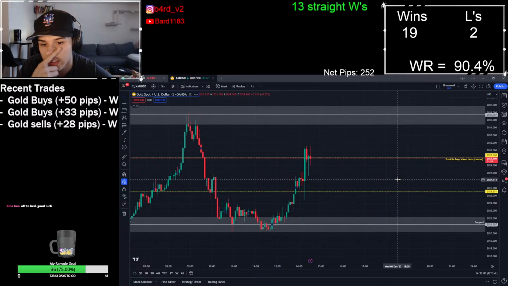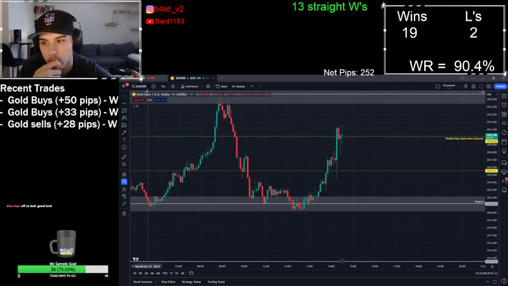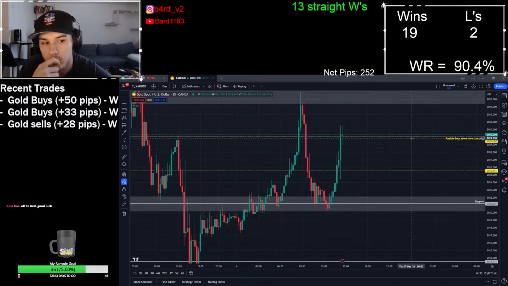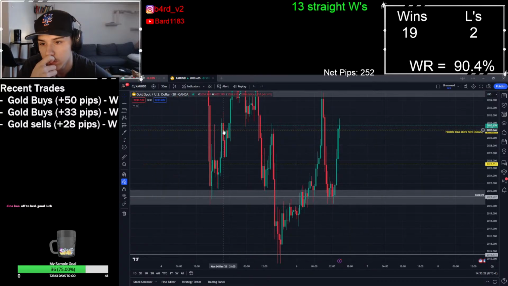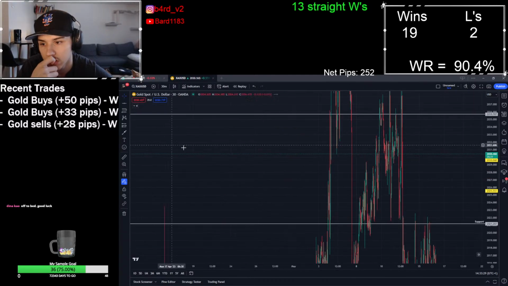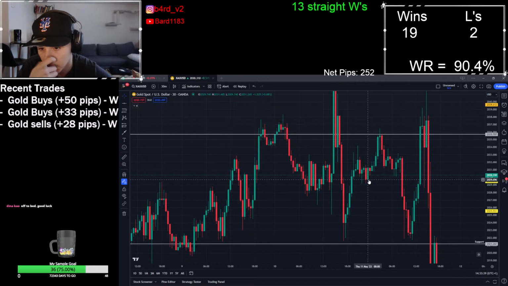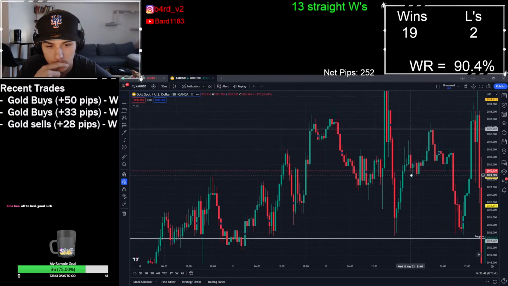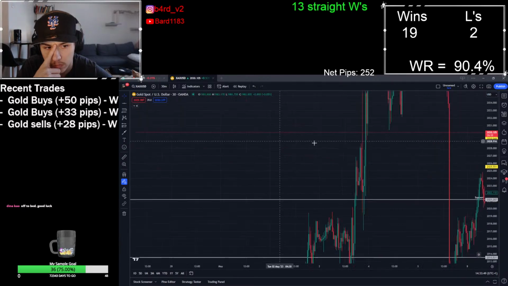See how the 5 closed back into range? Yeah.